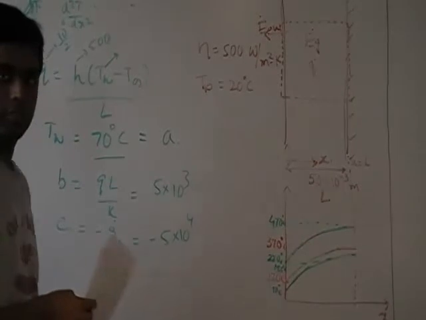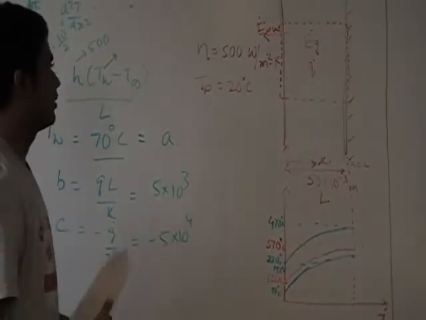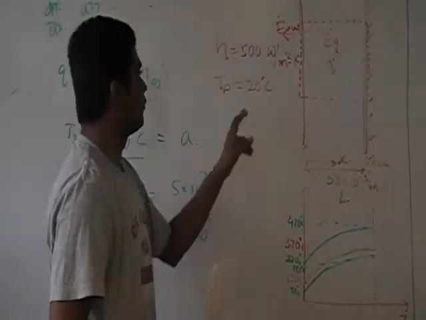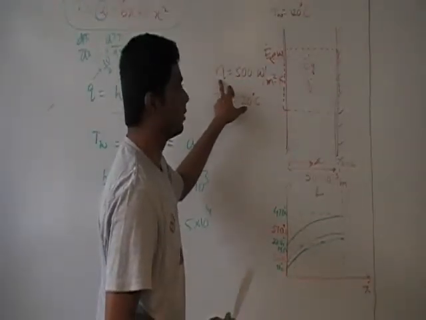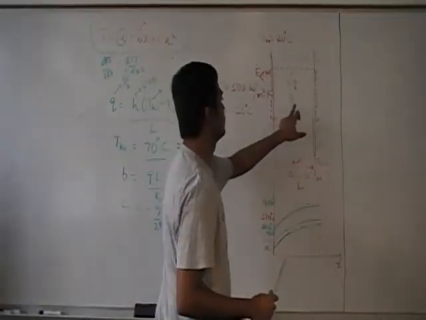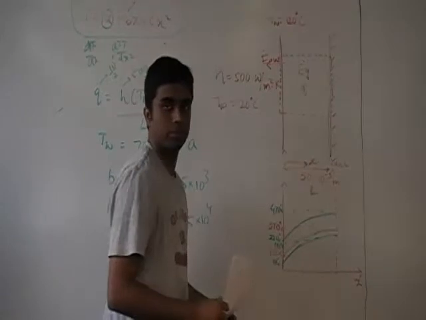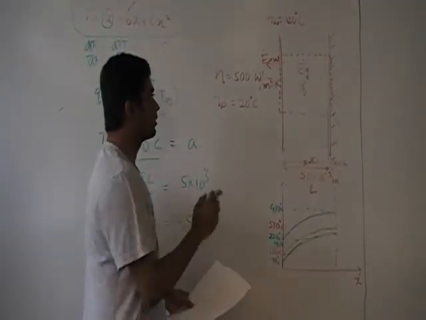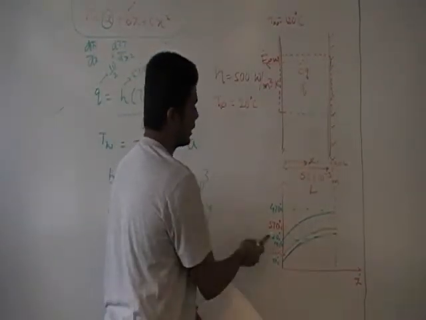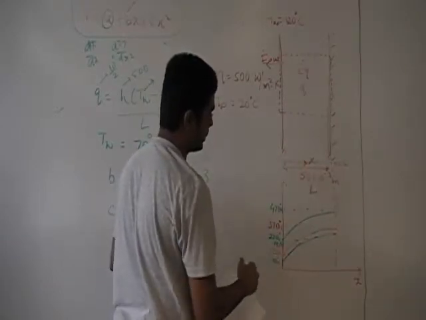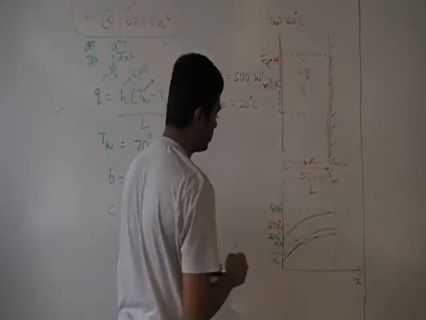So we have right now considered 3 different cases. We've looked at the influence of the heat transfer coefficient on the wall. We've also looked at the influence of the heat generation term inside the wall. As you increase the heat transfer coefficient, you expect the wall temperature to decrease, which is what we see between cases 1 and 2.